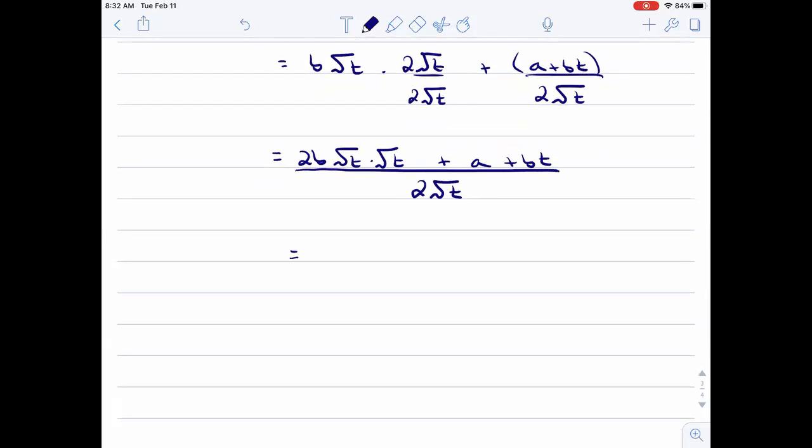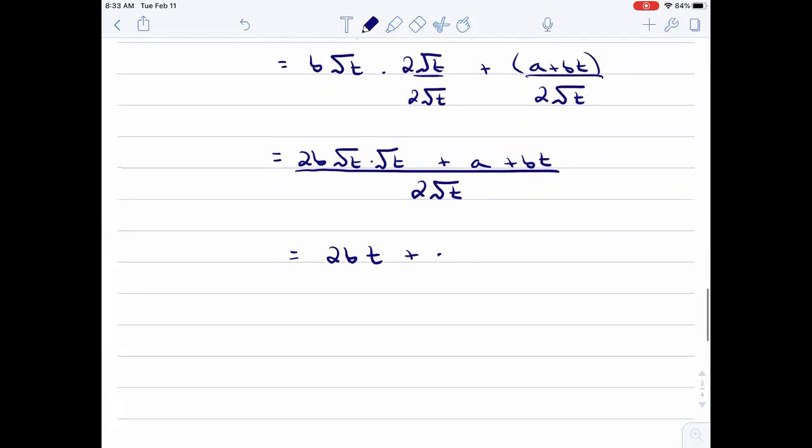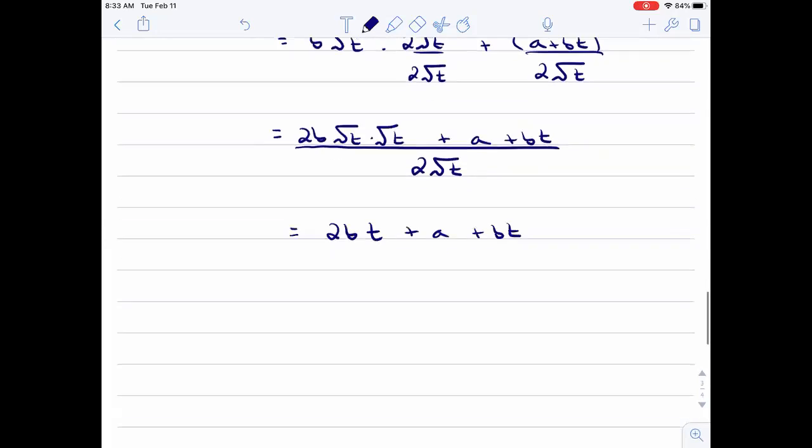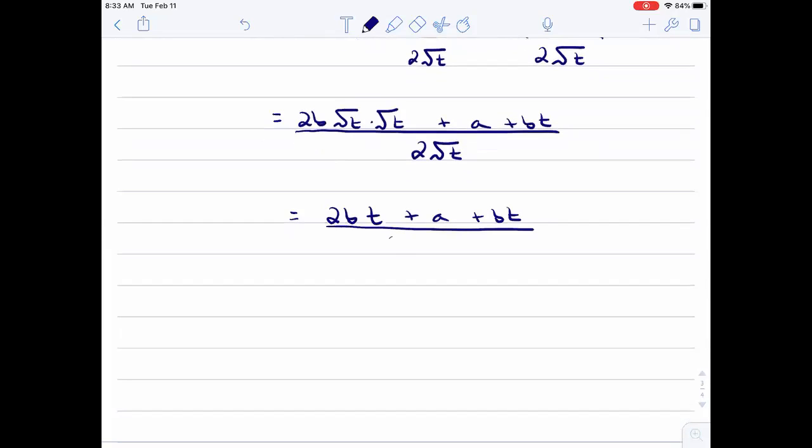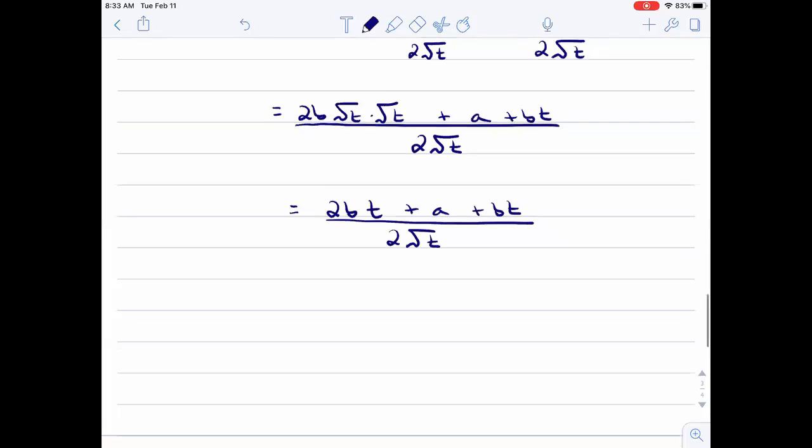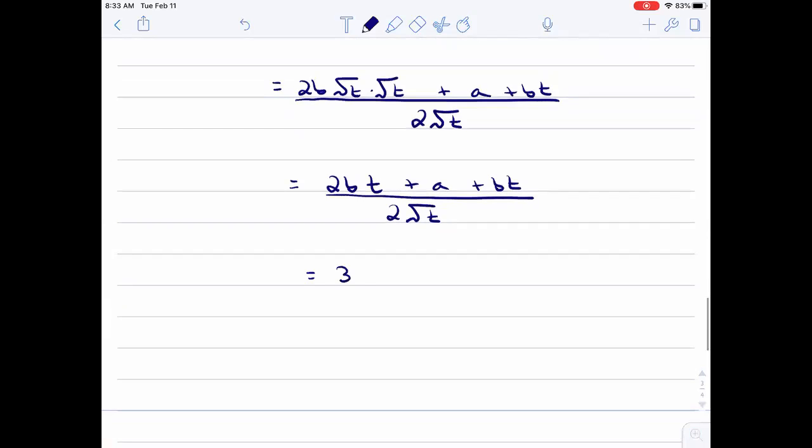This becomes 2bt plus a plus bt over 2 root t. And then as a last step, let's just combine that 2bt plus 1bt to get 3bt plus a over 2 root t.